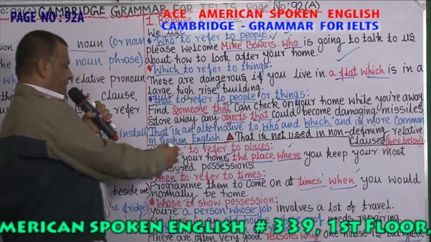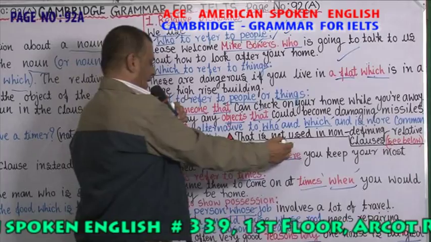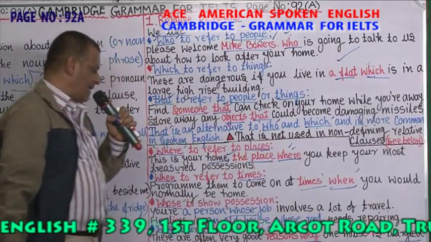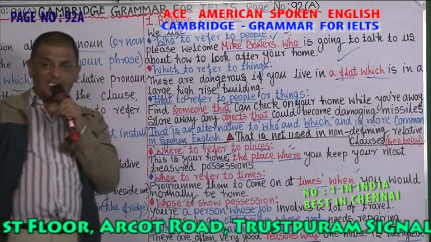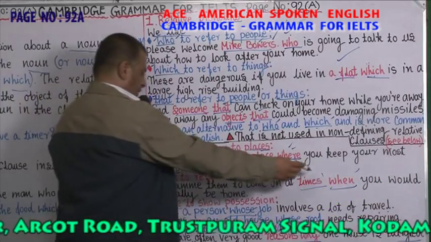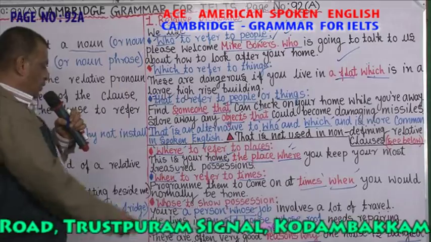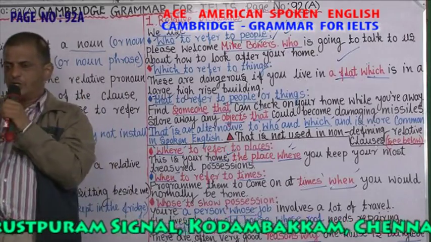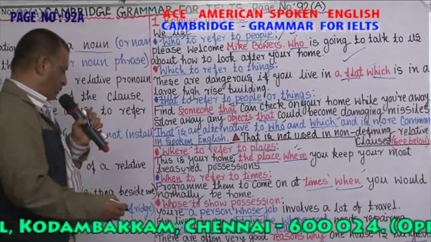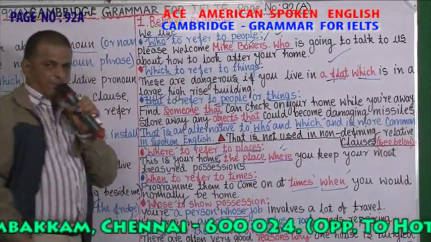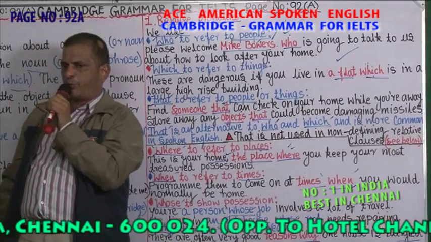Then where refers to places. This where stands for this place. Then when refers to time. Whose is used in between the sentence to show possession, and why in between the sentence states the reasons.